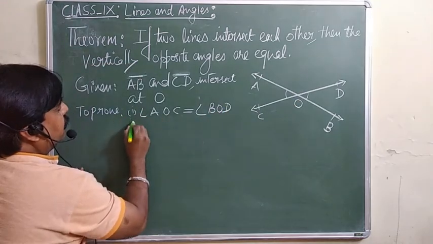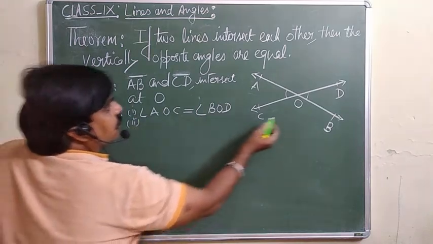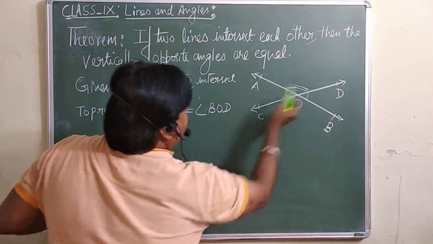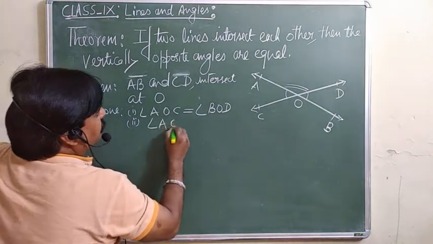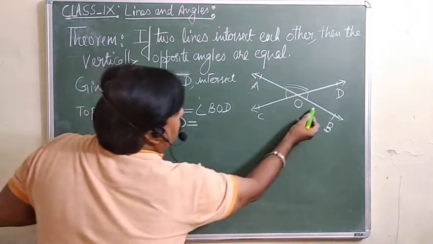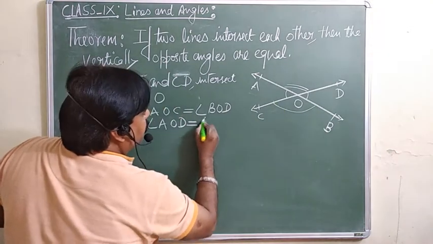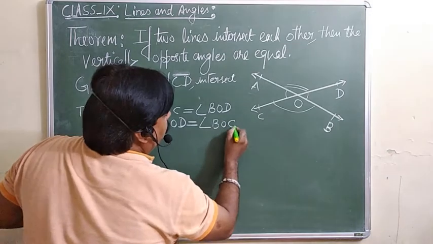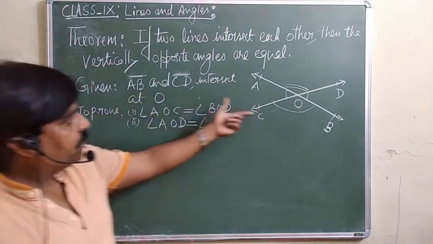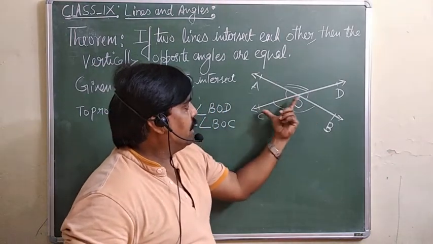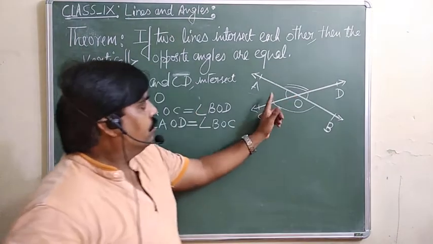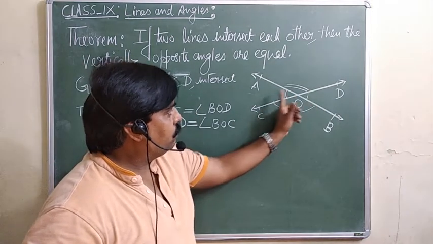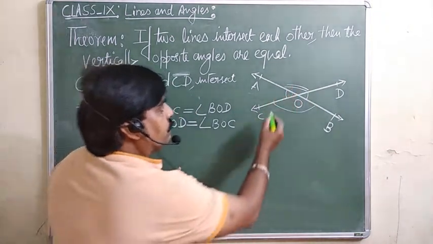Second, we want to prove that angle AOD is equal to angle BOC. There are two lines intersecting at the point O, and we want to prove that this angle is equal to this one, and this is equal to this one.